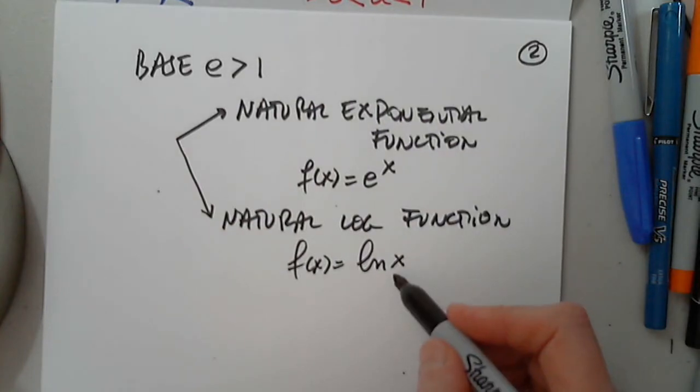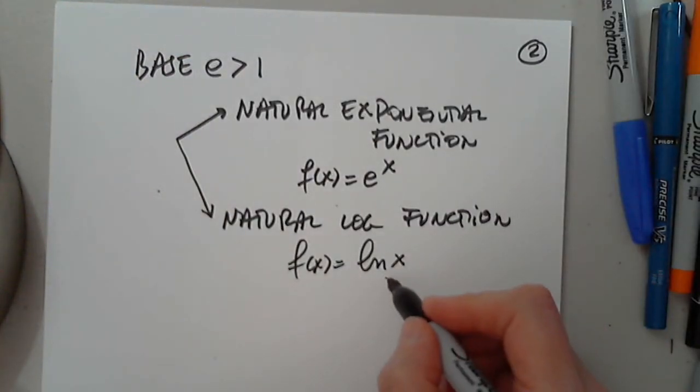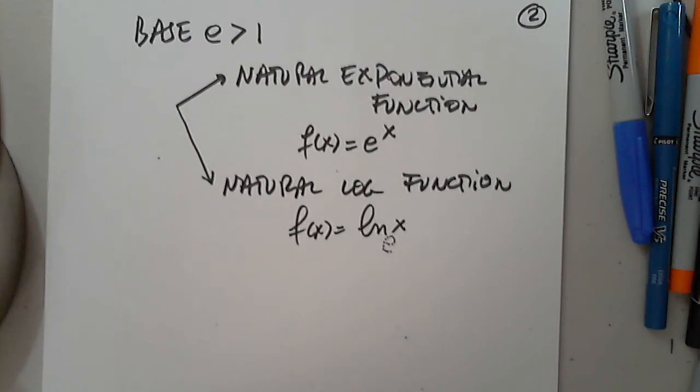Notice that there is no base. Here I wrote a base. By convention, ln means base e. We do not write it, but it's there. And the graphs are very similar to what we just discussed. Okay.